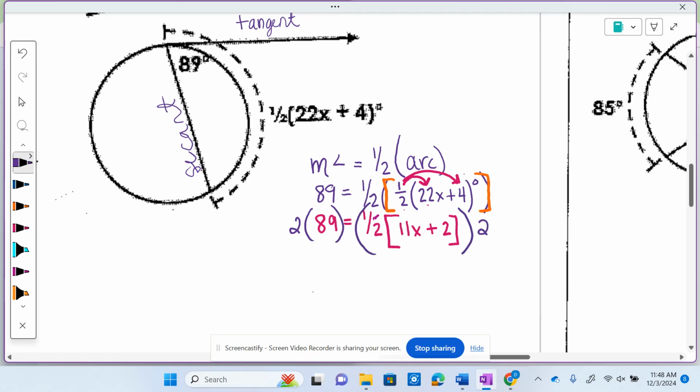Multiplying by the denominator. So half of 2 is 1. This cancels out our fraction. Do you guys see that? And 2 times 89 is, let's see, 90, 180, so 178. 178 equals 11x plus 2.